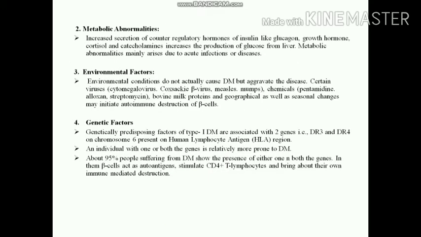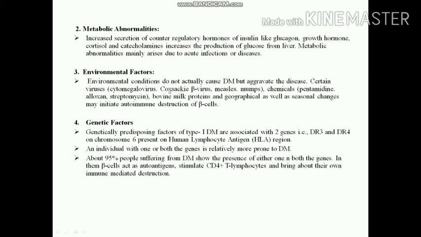Next one is metabolic abnormalities. In metabolic abnormalities, what happens is that increased secretion of counter-regulatory hormones of insulin like glucagon, growth hormone, cortisol, and catecholamines increases the production of glucose from the liver. Metabolic abnormalities mainly arise due to acute infection or disease, and due to this the insulin secretion is less, and diabetes mellitus occurs.